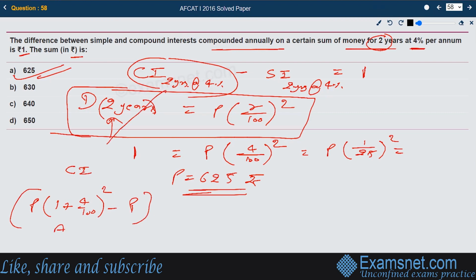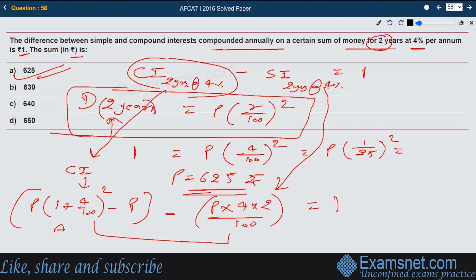Minus the simple interest, which is the very simple formula, P into 4 into time 2 upon 100. If we don't want to use the formula, this difference is equal to 1, and we are supposed to solve this big equation. So if it is a 2-year case only, we can simply use the formula given above rather than doing this large calculation.